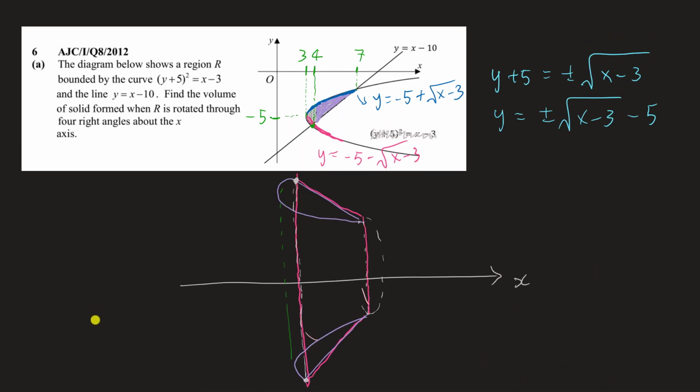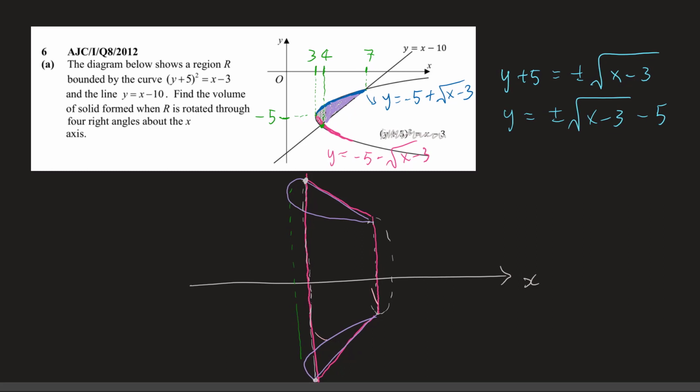Now you need to focus from 3 to 4. What happens when you rotate it? The volume you will get is the rotation of the pink graph from 3 to 4, one whole round, minus away the rotation of the blue graph from 3 to 4, one whole round. Rotation of the blue color curve will generate this empty volume that you're supposed to dig out from the pink color one.